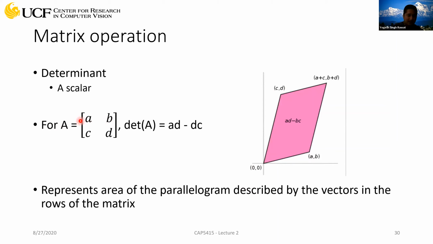This AB is the first vector, and CD is the second vector, and you create a parallelogram using these two vectors. The determinant is just the area of that parallelogram. The same notion applies when you have a higher dimensional matrix. If it's too high, you can't visualize it, but the interpretation is not going to change.